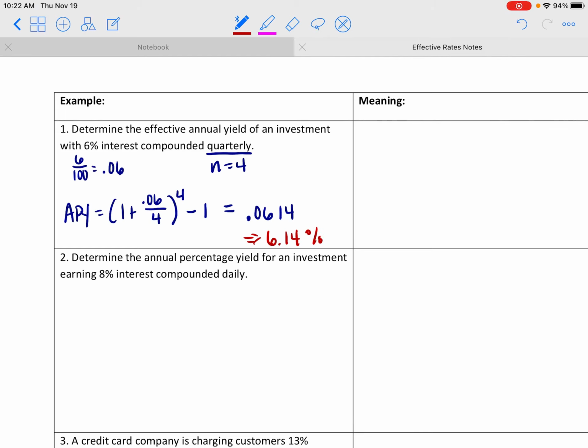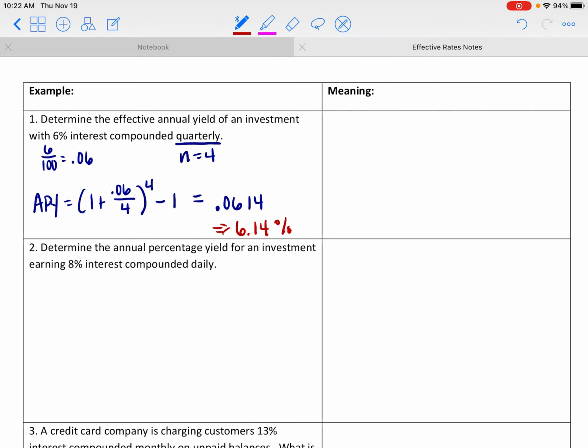Okay, so what does that mean? That means at the end of 1 year, no matter what your investment amount is, if you have 6% interest compounding quarterly, you're actually going to have a 6.14% gain in that investment. So it would be like a 6.14% simple interest rate.